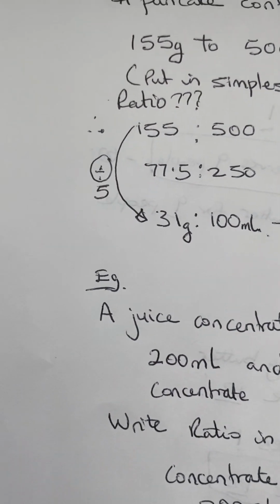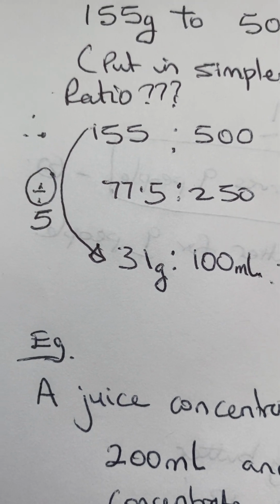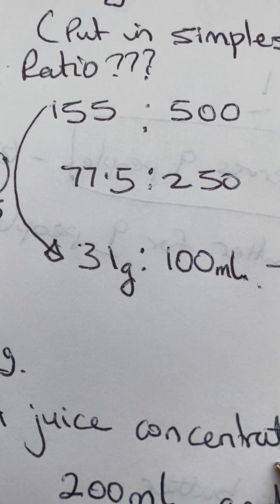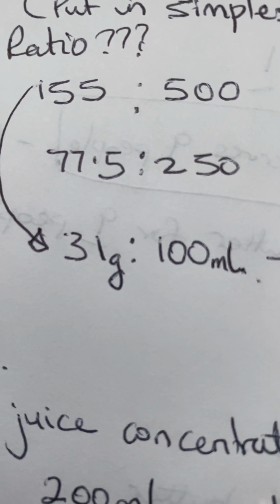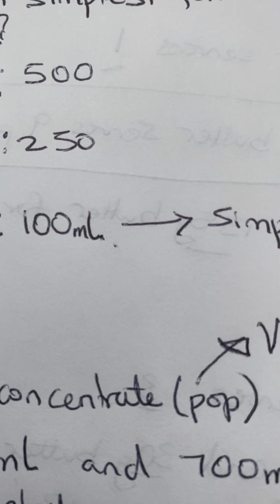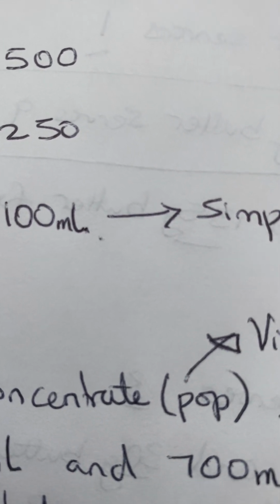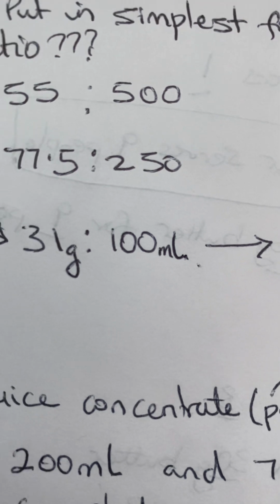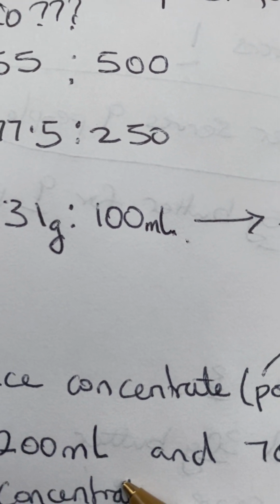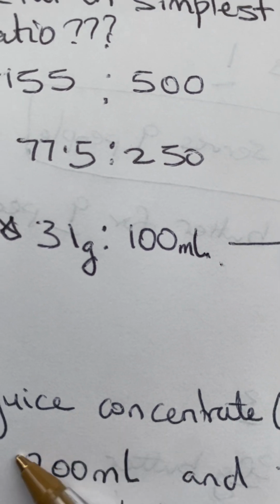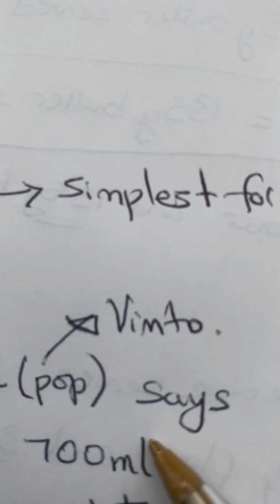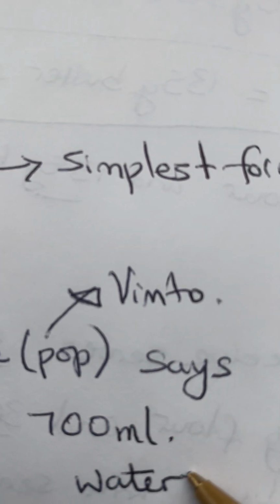Let's look at our last example for the day on ratio. Okay, so a juice concentrate, like Vimto or orange juice or apple juice or whatever juice you buy from the shop, says it's concentrated. So it says you need 200 mils of that, and you need to mix it with 700 mils of water.